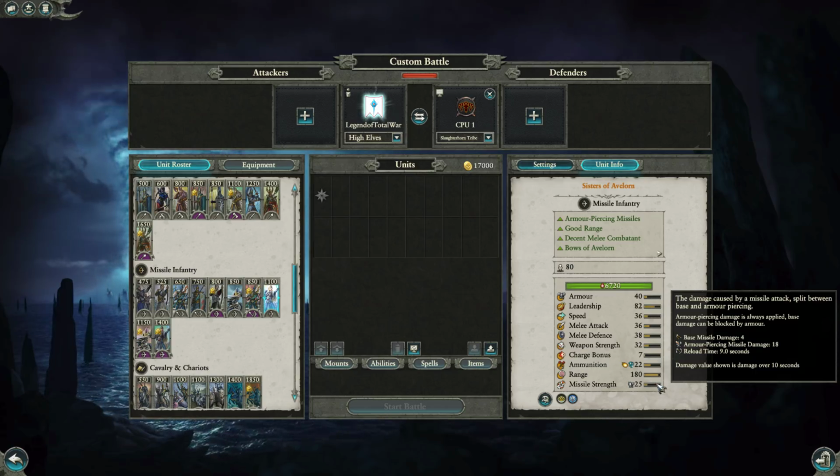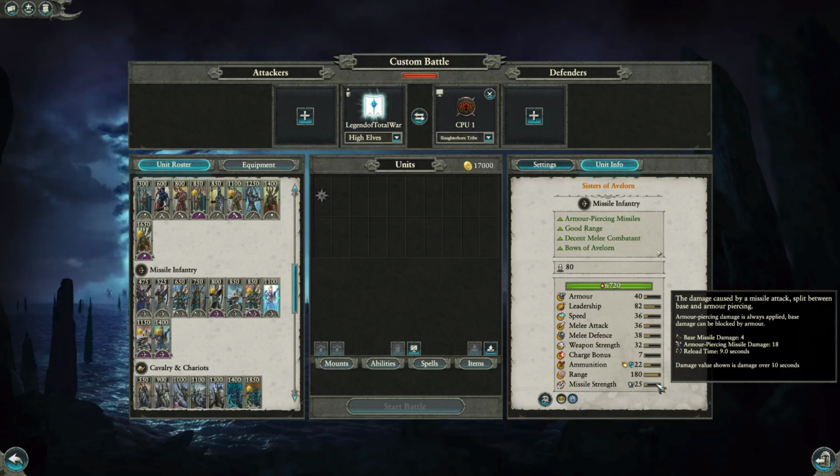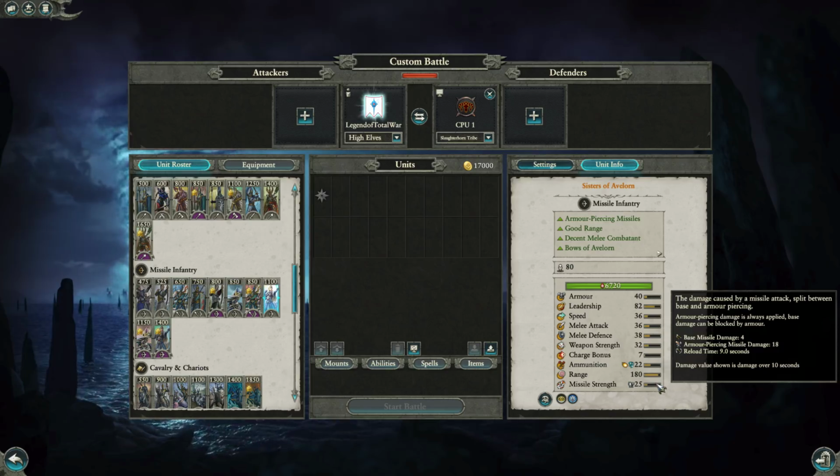So that means that if you want to block up to 90% base damage of anything, and that's base missile damage or base weapon strength, the ideal number for armor is 180, which will guarantee 90% damage block. But the value of 90 gives you a chance to block 90% of it, because it picks a number between 50% of the actual value that it's shown.